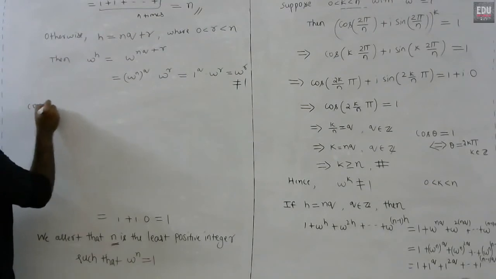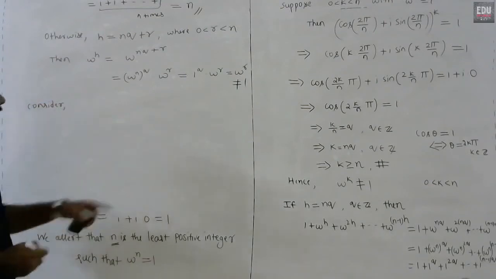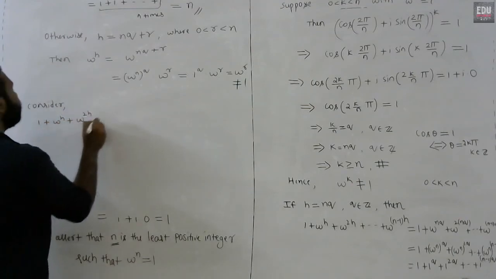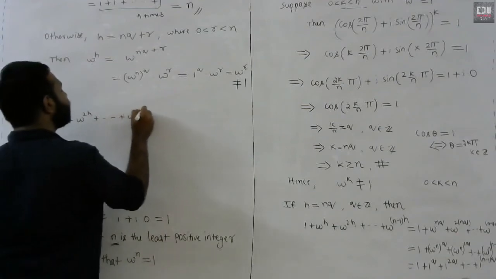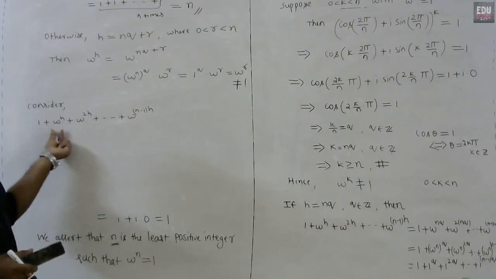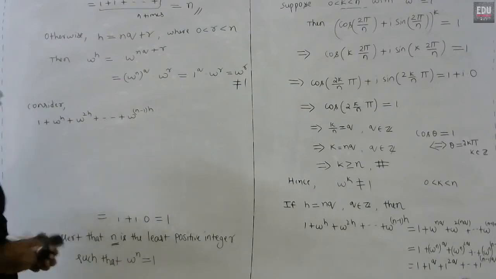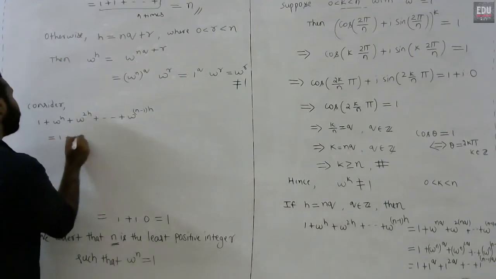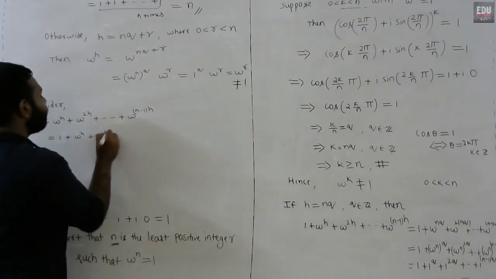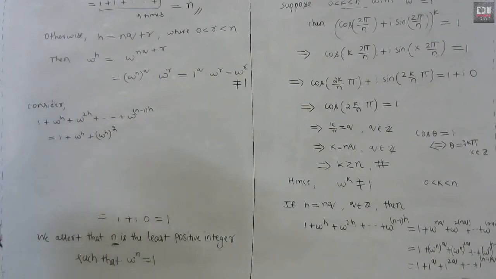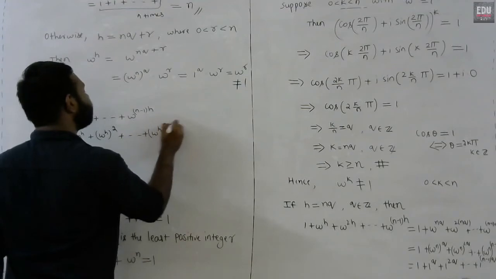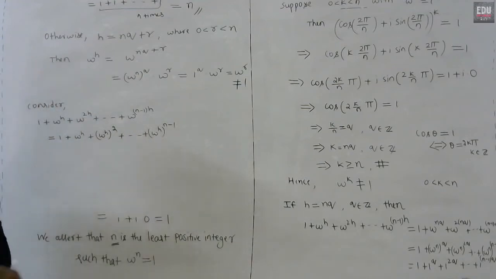So with this idea, now consider the sum 1 plus omega power h plus omega power 2h plus so on omega power n minus 1 into h. Now we observe that we can write this sum as a sum of powers of omega power h, that is 1 plus omega power h plus omega power h whole square plus so on omega power h power n minus 1.